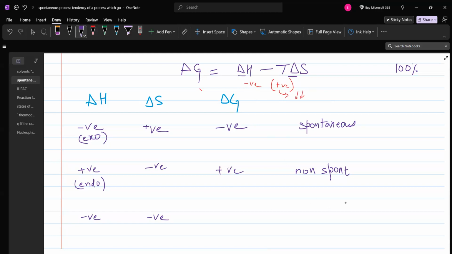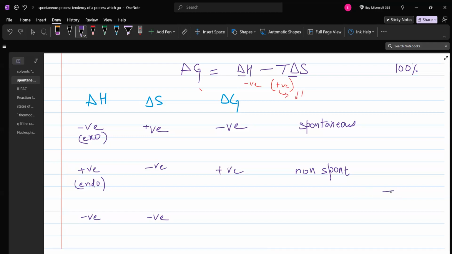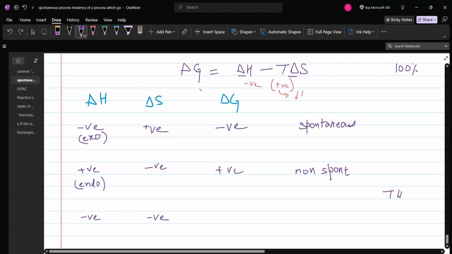So for example, you can see here, delta H is negative. Temperature should decrease so that the whole positive thing will decrease.